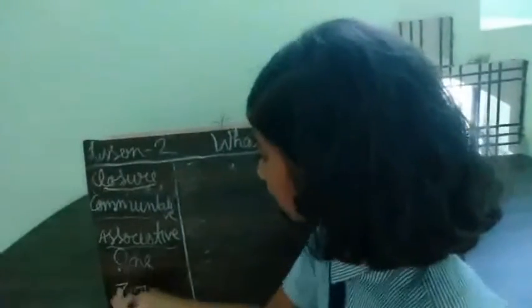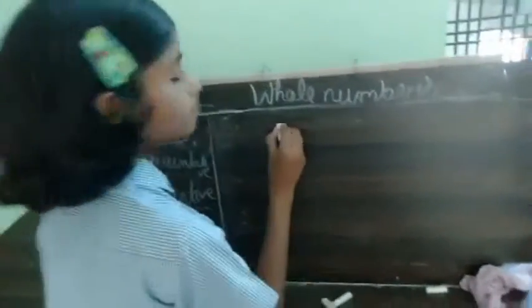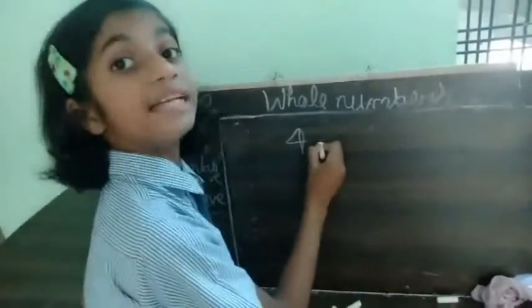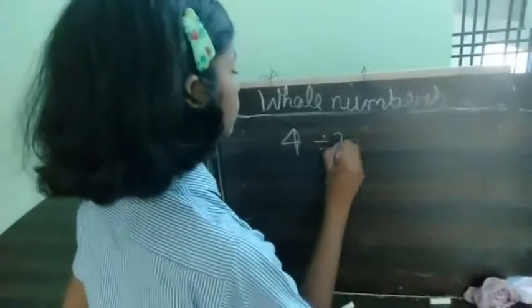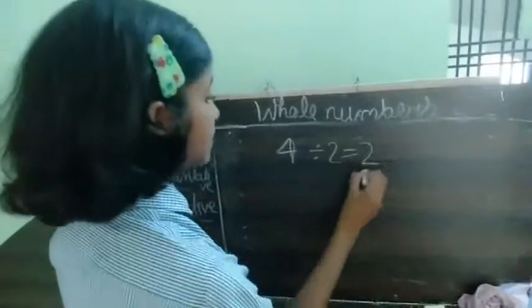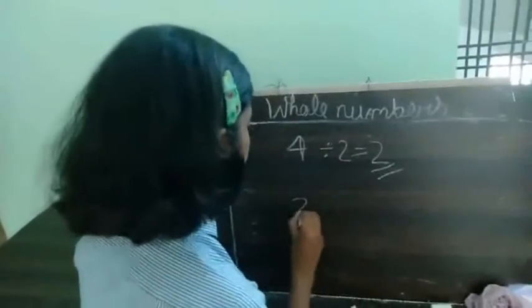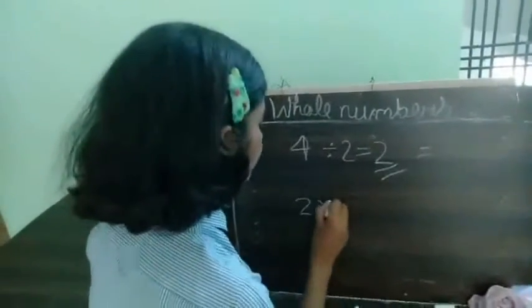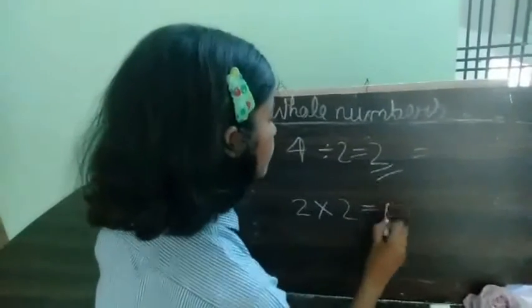Second, property of 0. First we should know what inverse operation is. 4 divided by 2 equals 2. The answer is 2. And 2 into 2 equals 4.